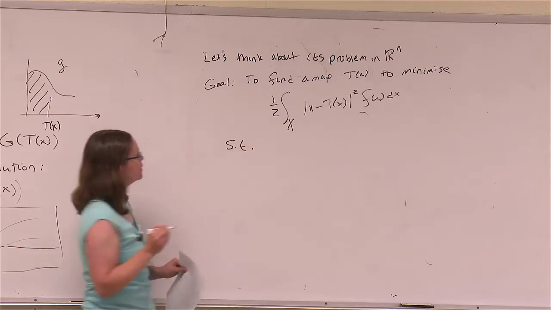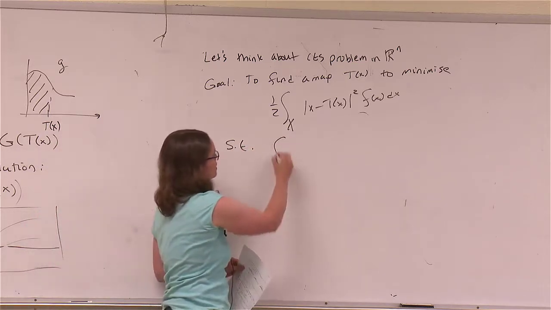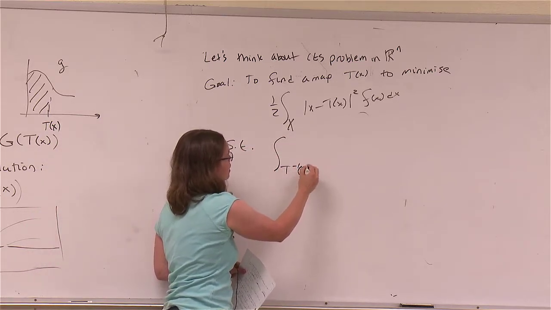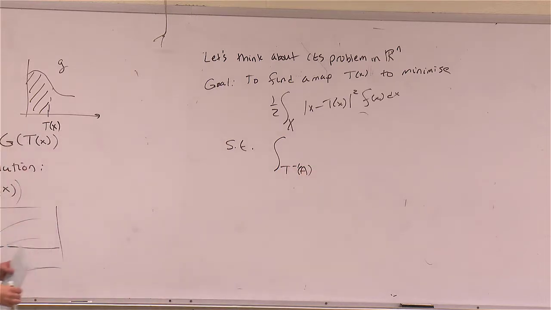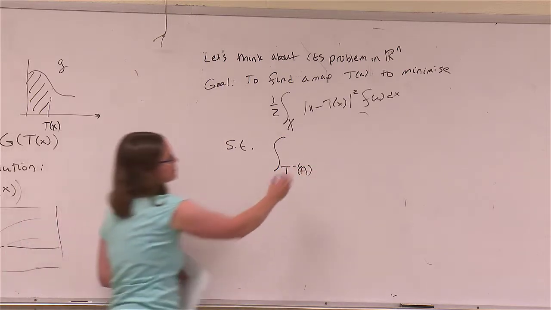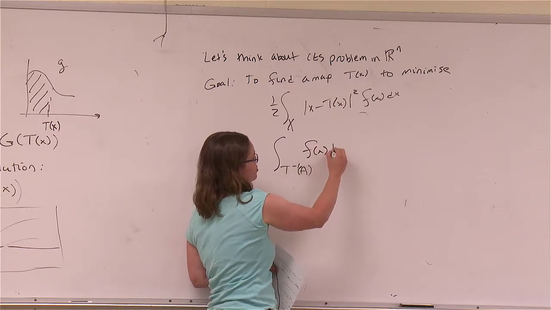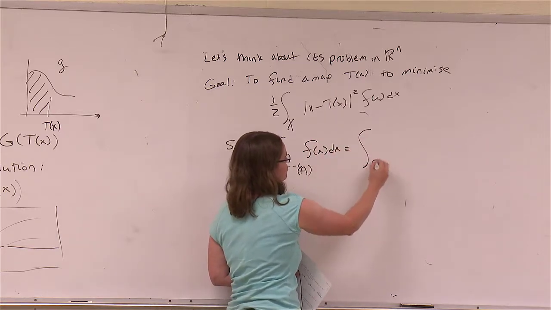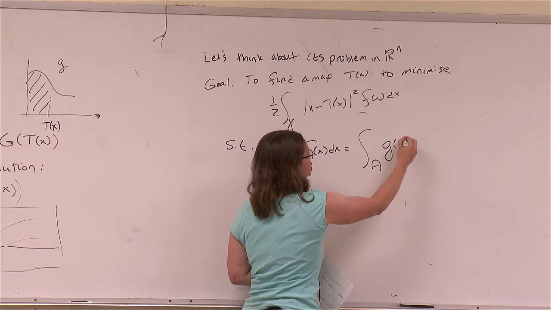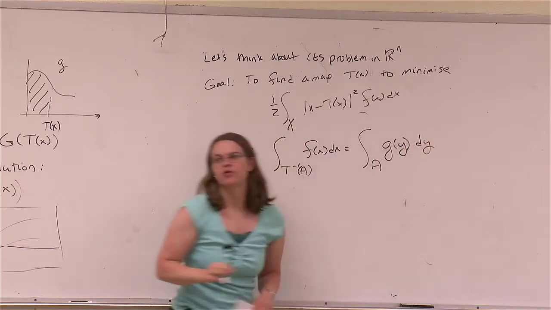So F getting rearranged into G, again, looks like: if we integrate F over this set, we should get the same amount of mass as if we integrate G over the corresponding set.